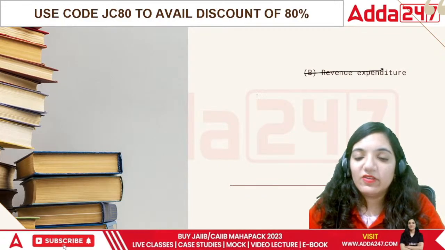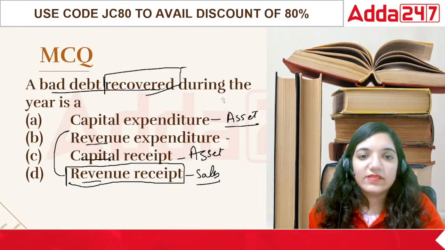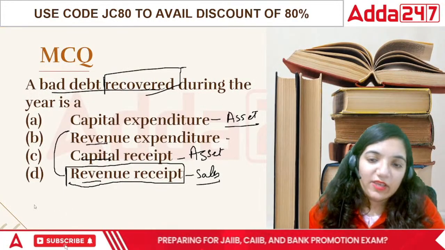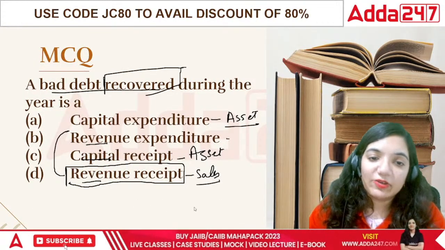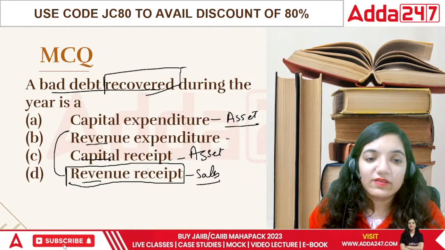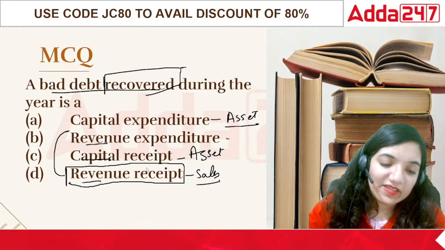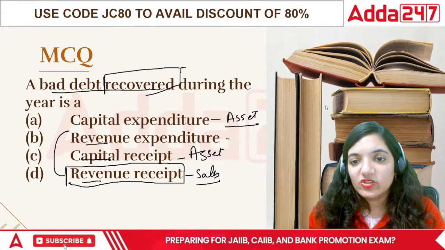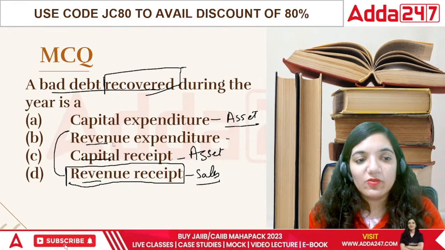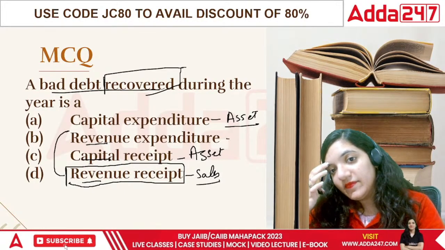So it is a revenue receipt. If it were bad debt, then it would be a revenue expenditure, a day-to-day expenditure, not a capital expenditure. It's just that there was some person who cannot pay us anymore. So in this case, it would be treated as a revenue receipt. Okay?